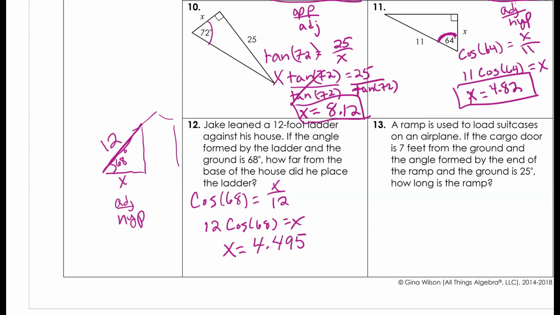Now when you get a value like this, it is okay to go ahead and round it to 4.5. Any other time, I would say leave it.